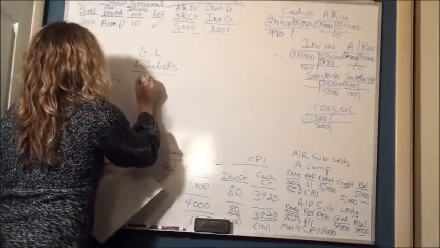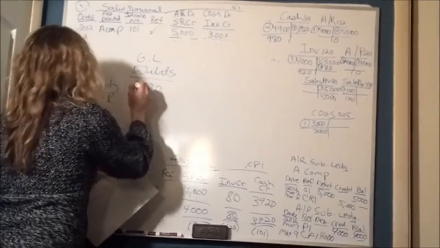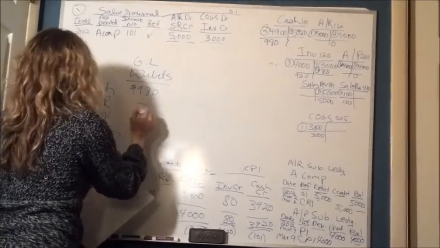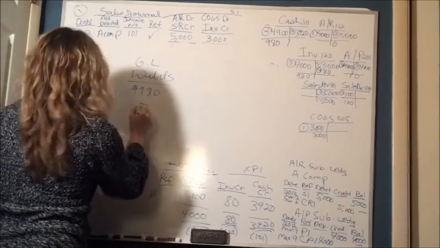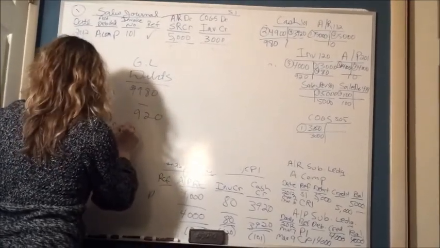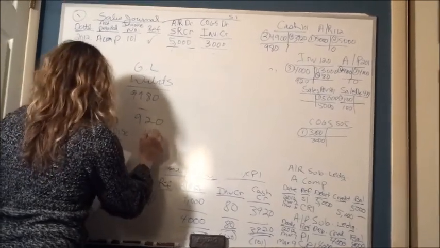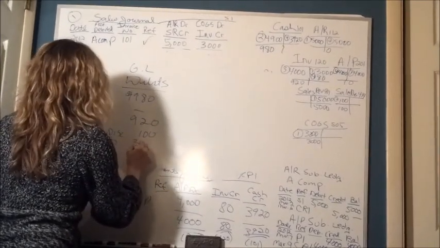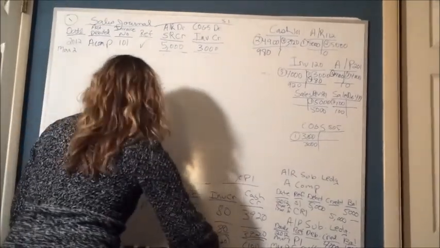Cash balance is $980. Accounts receivable is nothing. Inventory balance is $920. Sales discount is $100. And our cost of goods sold is $3,000.